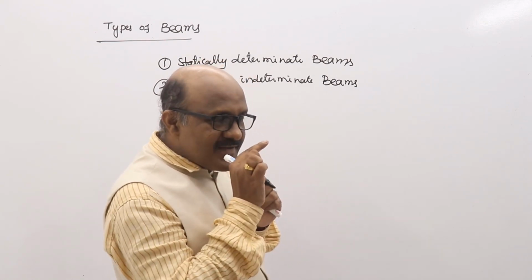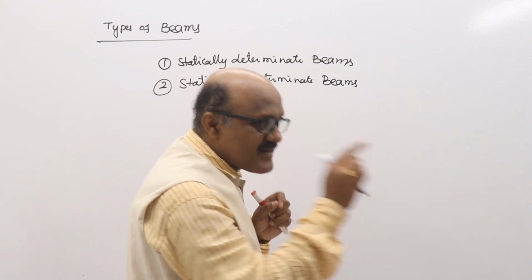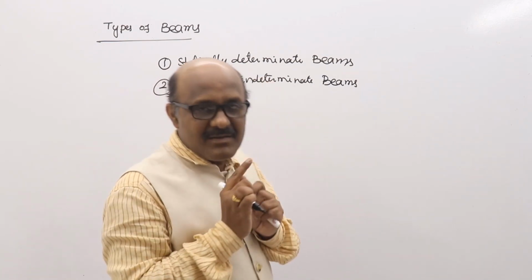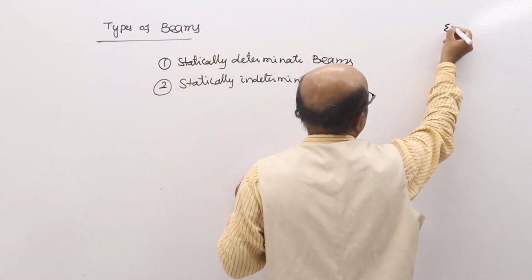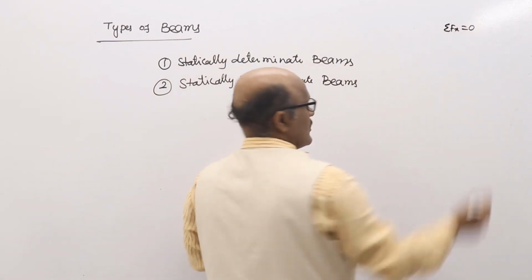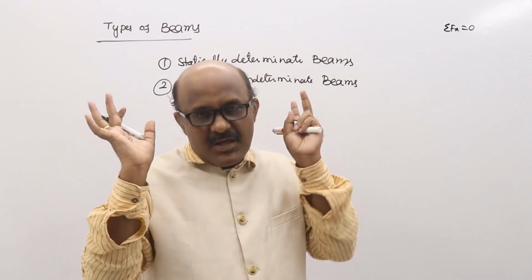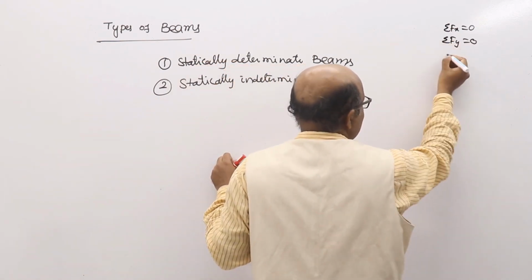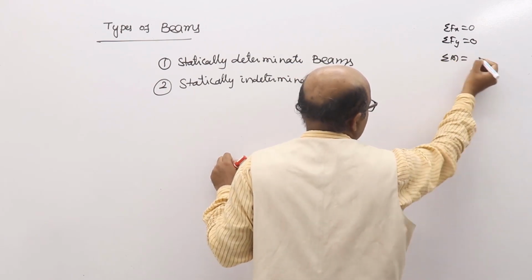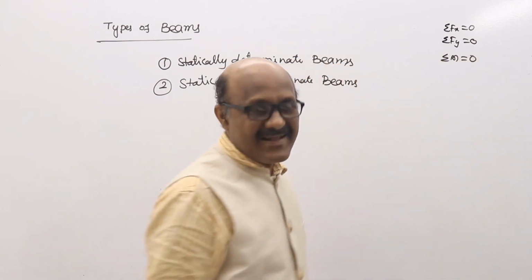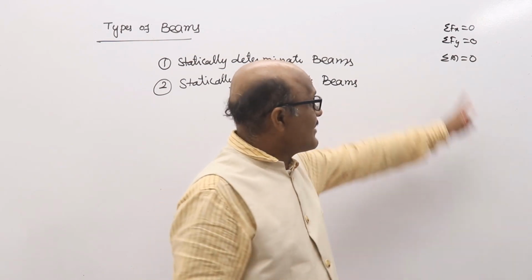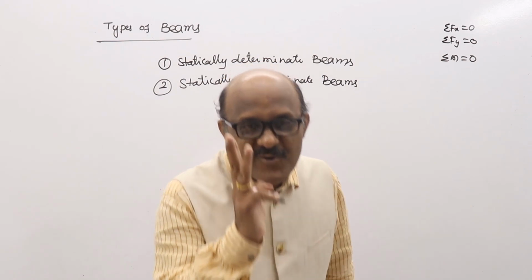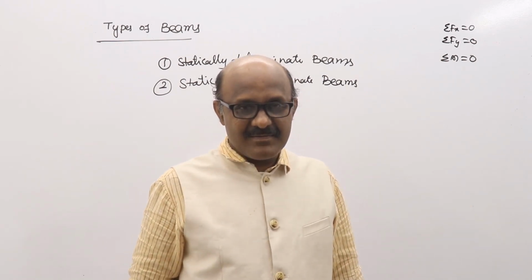Motion is prevented in x direction, sigma Fx is equal to 0. Motion is prevented in y direction, sigma Fy is equal to 0. Rotation is prevented about z axis direction, sigma moment is equal to 0. These are 3 equilibrium equations, my dear students.